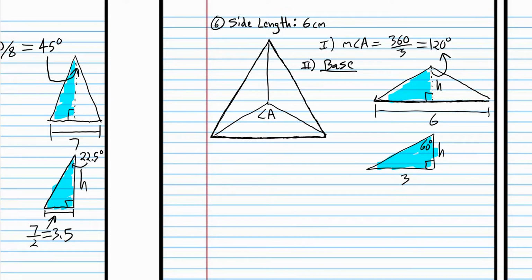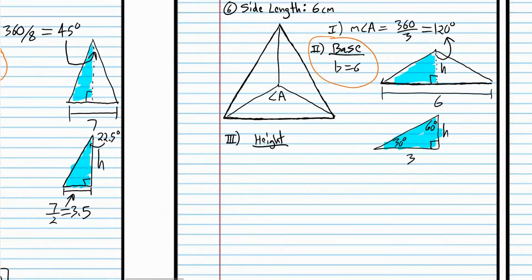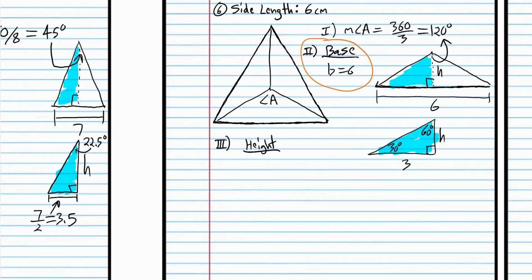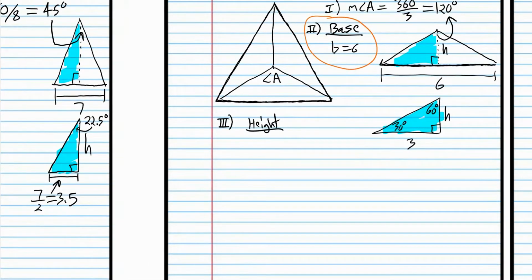So the base is just equal to 6. Now we'll do the height. Now obviously this is a 30, 60, 90 triangle, and we have the side opposite 60, so that's going to make things a little difficult because we have to, let's write our special triangle. Opposite 30 is W, opposite 60 is W root 3, and obviously the hypotenuse is 2W.